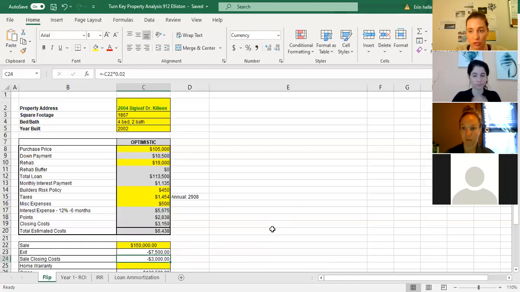Again, totally negotiable. It's not something that you are required to cover, but you want to find out what the customary tradition is in that market, so you know what your worst case scenario is. So I pretty much always just assume that I'm going to pay 2% in closing costs.